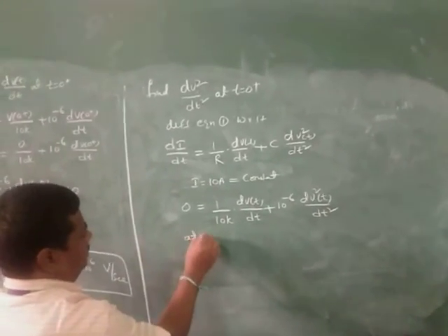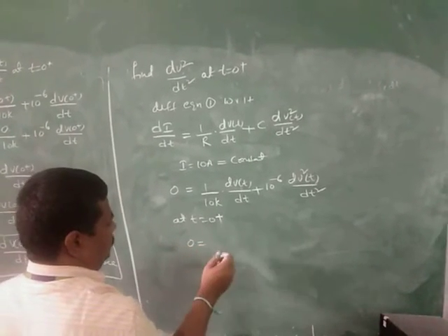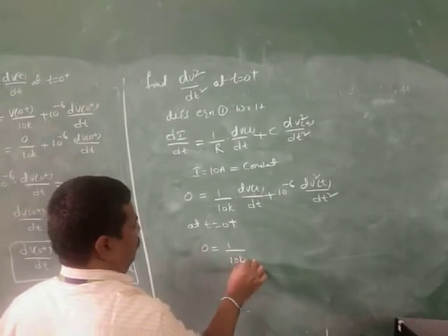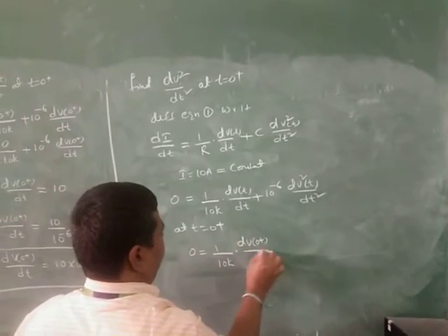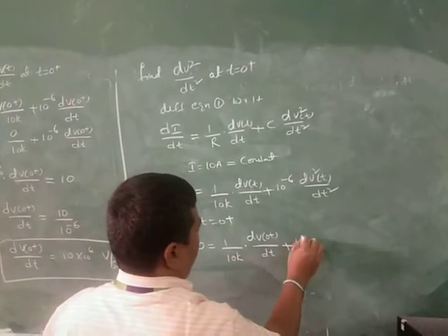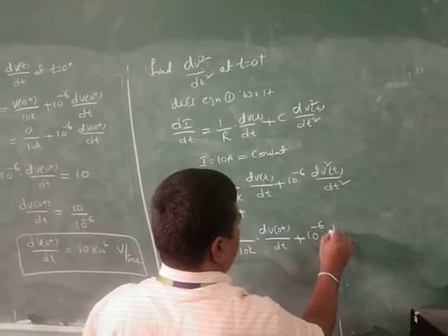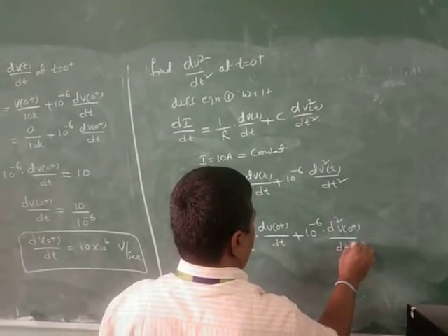Now the condition is at t is equal to 0 plus. So 0 is equal to 1 by 10K dV of 0 plus by dt plus 10 power minus 6 d square V of 0 plus by dt square.